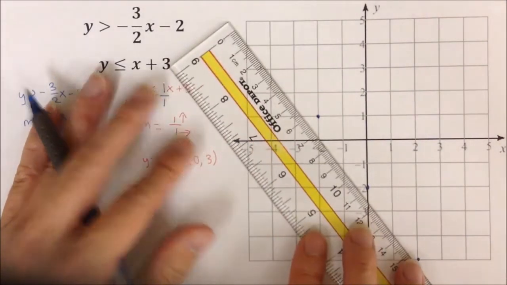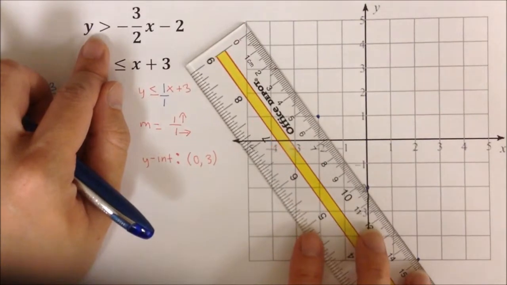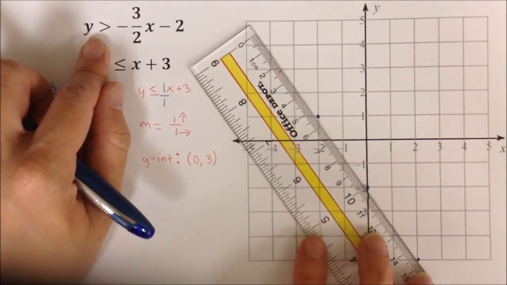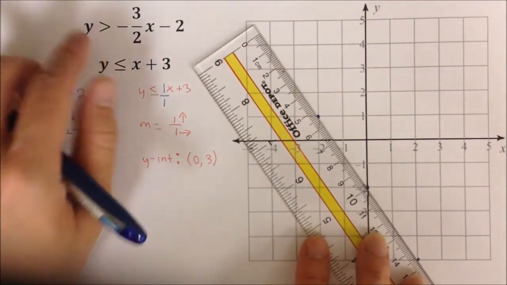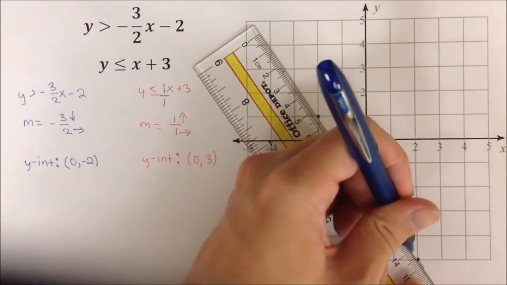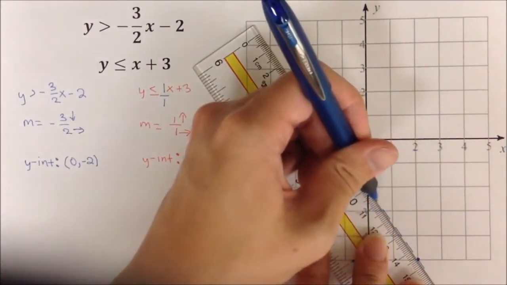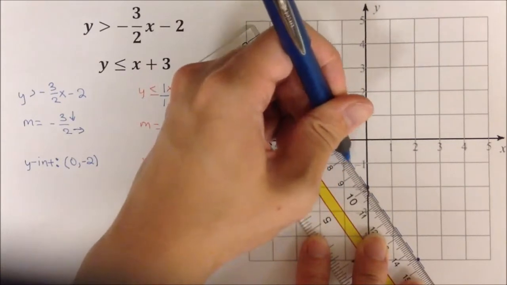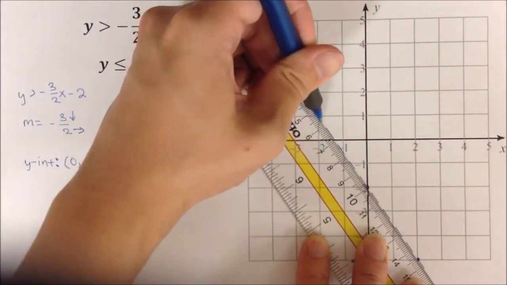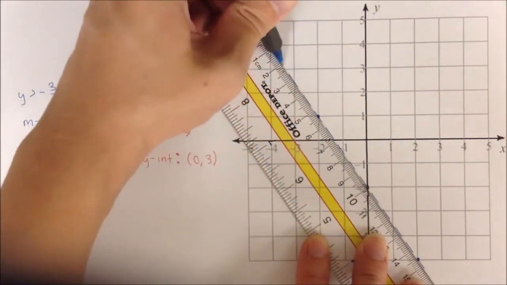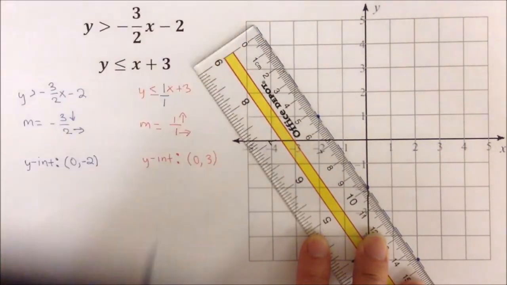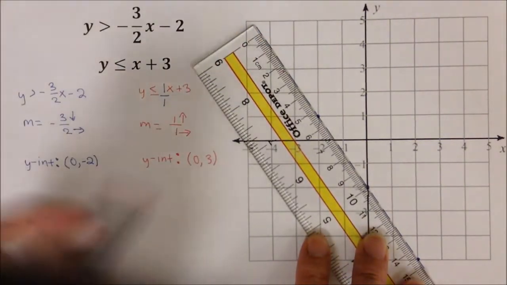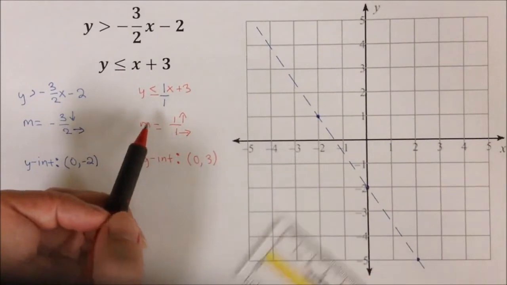Now based on the inequality sign that I have here, it's going to be a dashed or dotted line. Alright, next I'm going to work on the second linear inequality.